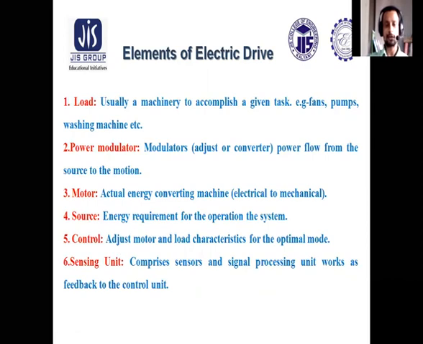It controls the on-off of the switches of the power modulator, and thus controls motor speed, motor load characteristic, motor starting characteristic, motor torque, and motor voltage. Everything could be controlled by the control unit, and the control unit works via the power modulator. So to get a desired response of the system, the control unit should play a vital role.